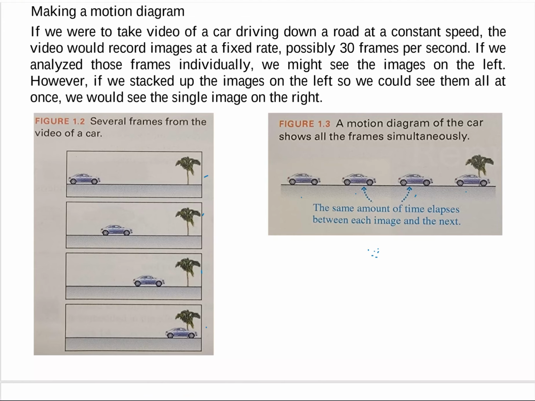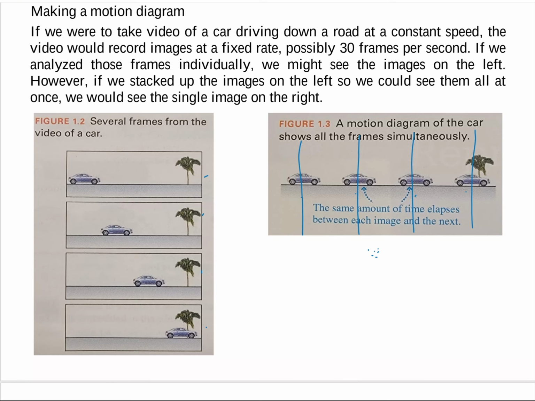So now what we want to be able to do is represent this. We have equally spaced intervals, boom, boom, boom, boom. What we want to do is represent this motion with a diagram where we don't have to sit here and draw the car 4 times. We just want to be able to simply represent it.